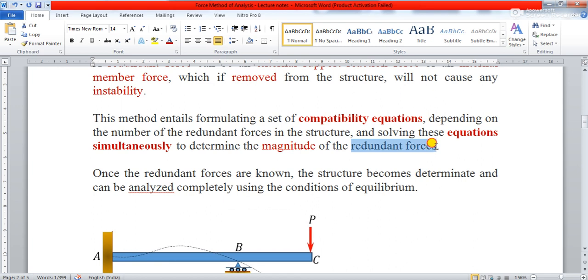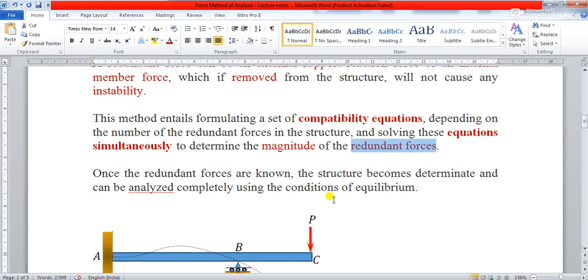This is very, very important. Okay. So I think you should now understand what is redundant force. You must have understood what is redundant force and what is the primary structure and how you are getting the compatibility equation. Okay. So once the redundant forces are known, if you know the redundant forces, then what will happen?